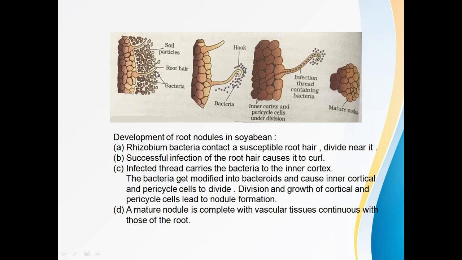The root hairs of the plants and bacteria undergo some interactions to produce the nodule, which helps in nitrogen fixation.